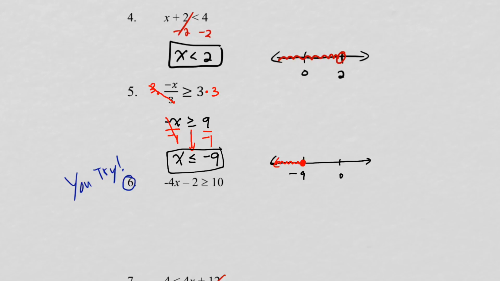So this is something we have to remember. If you multiply or divide by a negative, then you have to reverse the symbol.